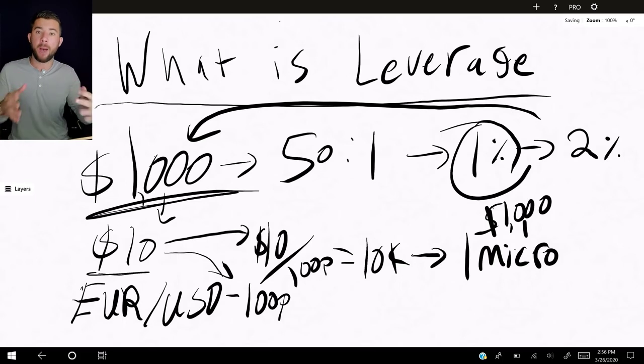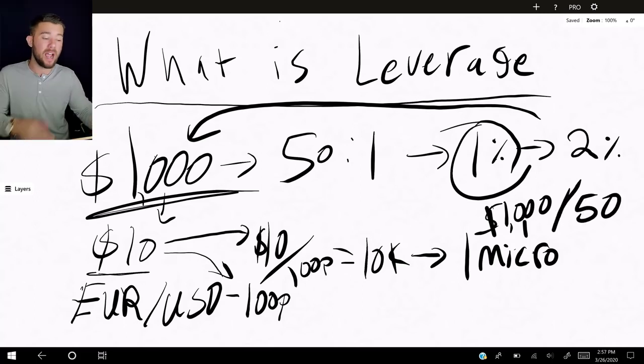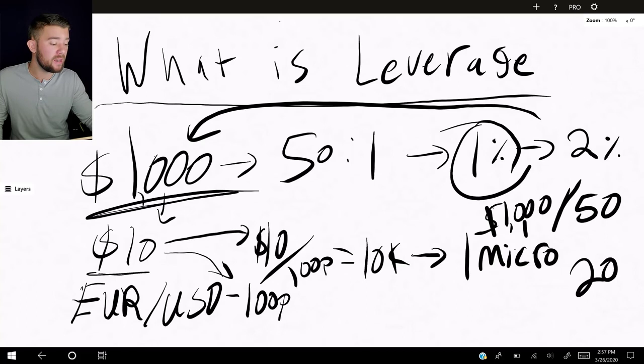So you have this full capital of margin that they are giving you 50-to-1 on. This full capital of margin means you're getting $50 for every $1 you invest into a position. So if I'm investing $1,000 into a position, what do I have to do? I have to divide that $1,000 by my 50-to-1 leverage, which gives me $20.